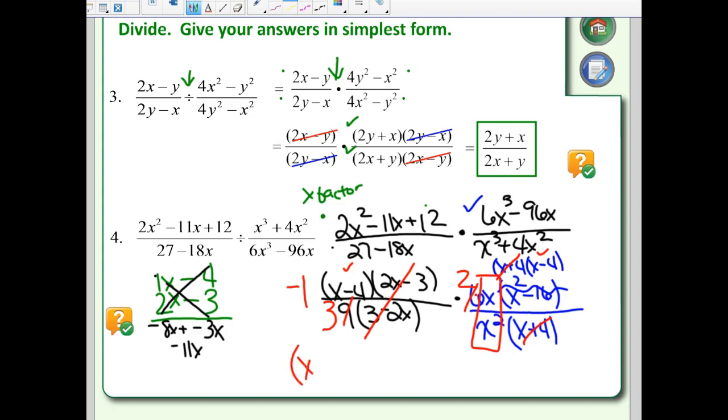Well, I've got x minus 4 times x minus 4, which gives me x minus 4 squared. And then I've got a 2 left in front of that. And in the denominator, there's a 3. And then it looks like the only thing left is my x. All right, so that is my final answer.